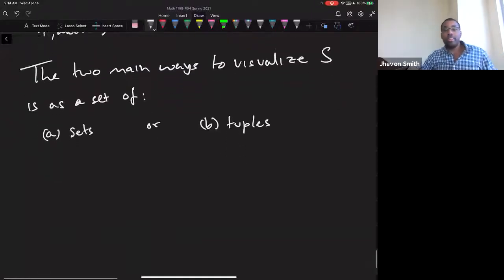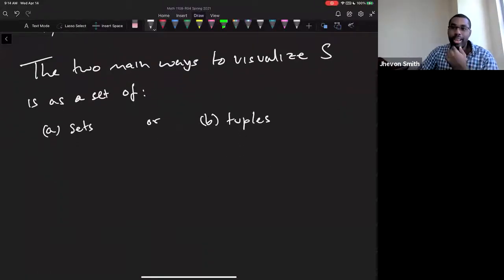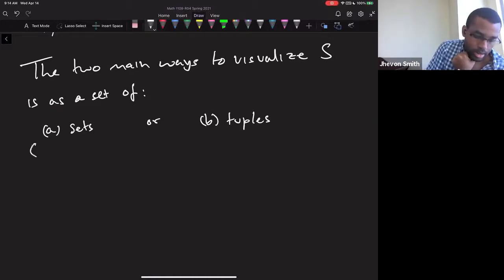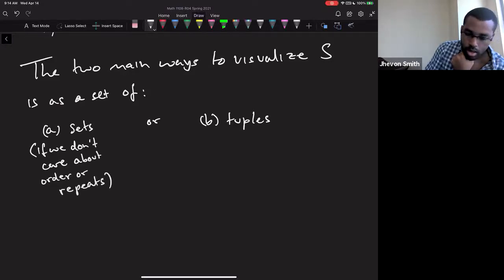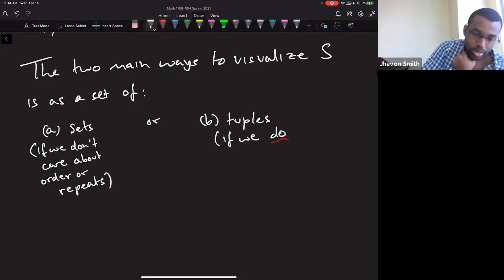There's a reason why I went through set theory and taught you about sets and tuples, because that's the very common way to visualize sample spaces. And you do sets if we don't care about order or repeats, and use tuples if we do care about order or repeats.